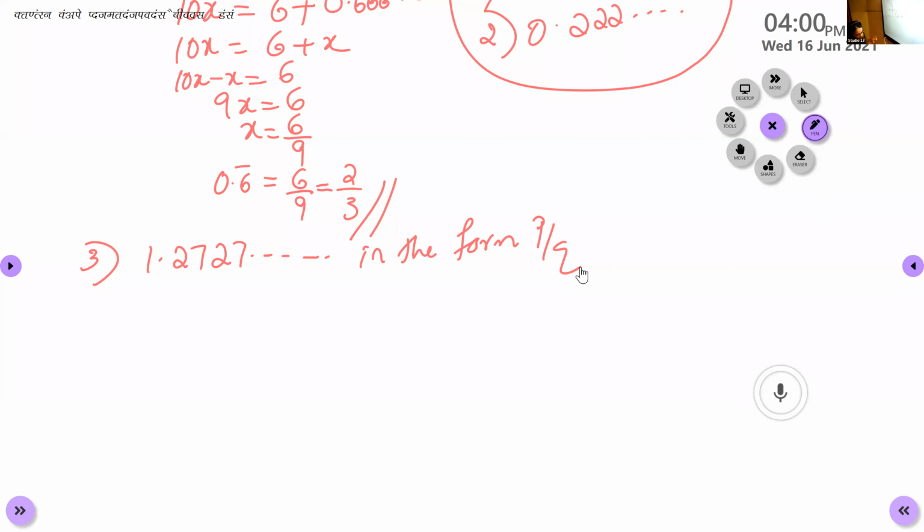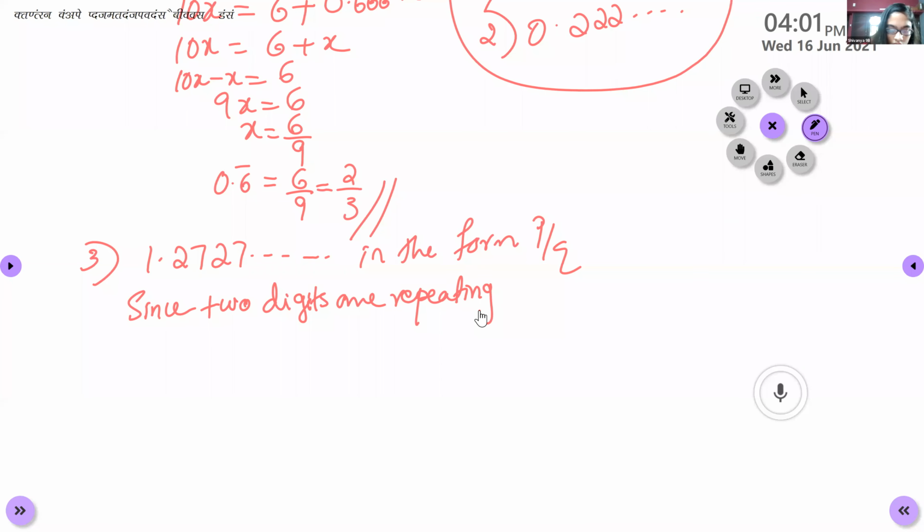Okay, here two digits are repeating, so we will multiply by 100. So write that one sentence. When you are studying, it will be clear to you. So write, since two digits are repeating. While doing the problem, you need not write this step. I'm writing this for your information while you are studying.